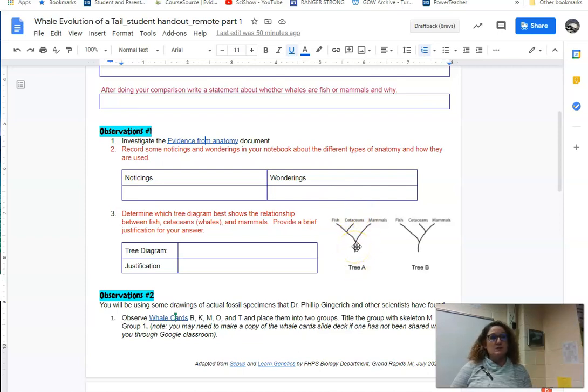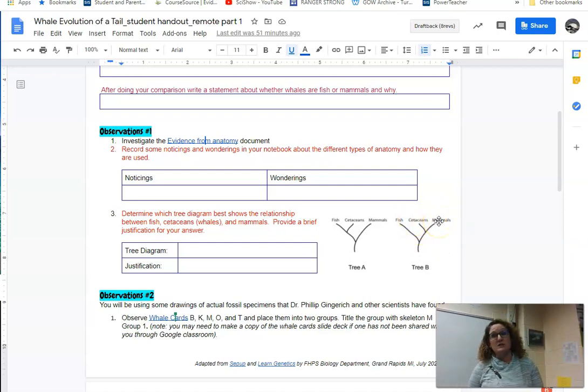The common ancestor to mammals and both fish and cetaceans branched off before the cetaceans branched off from fish. Or the reverse, where we have the fish branching off first and having their common ancestor, and then the cetaceans and mammals having a closer common ancestor with the branch right here. So these two would be more alike.